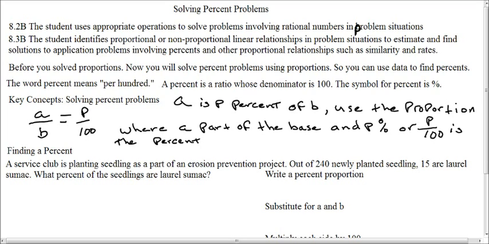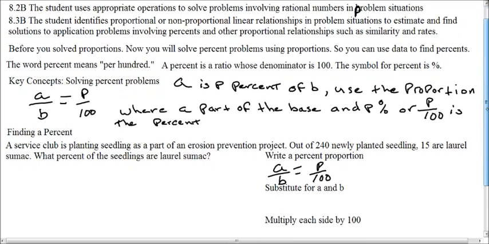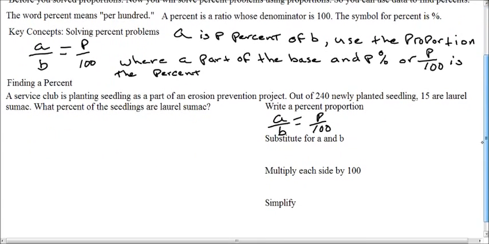Okay, so what we want to do is first use the key concept up here and write a percent proportion. So we would have A over B is equal to P over 100. Okay, that's what we said up here. So we're writing this as just our formula, so to speak.